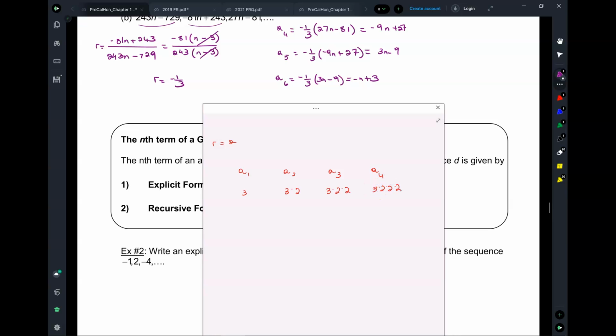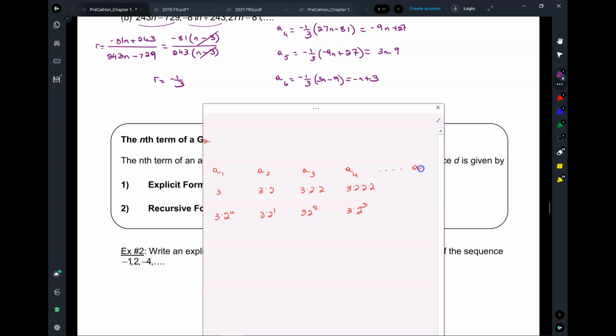So what's the pattern? If you look at A2, that's 3 times 2 to the 1. Then A3 is 3 times 2 to the 2. A4 is 3 times 2 to the 3. What would be A1 in that pattern? 3 times 2 to the 0. Do you see a connection?